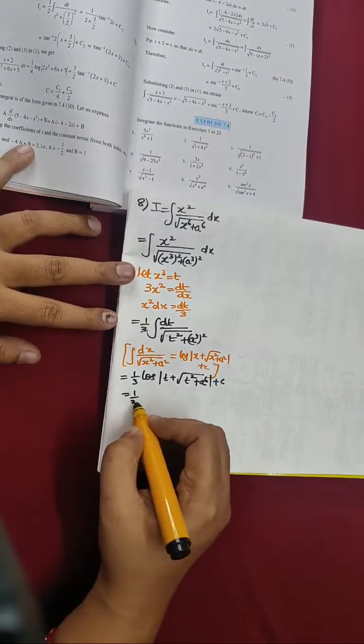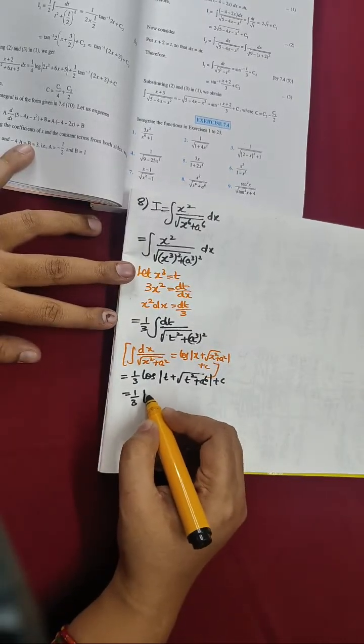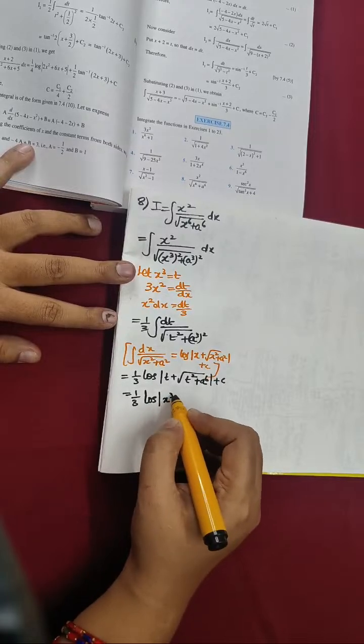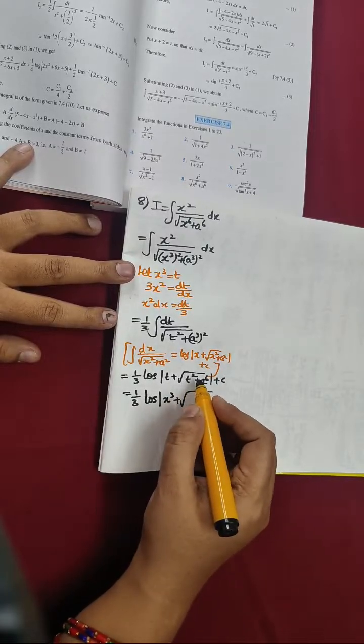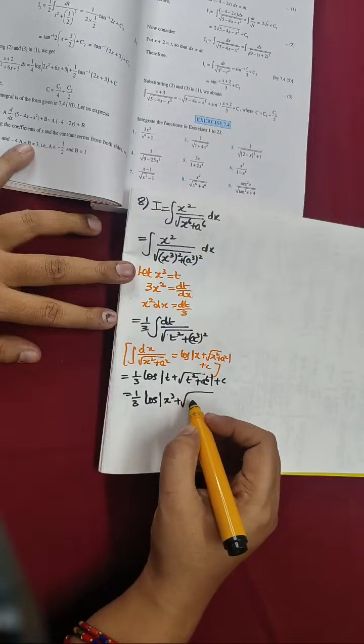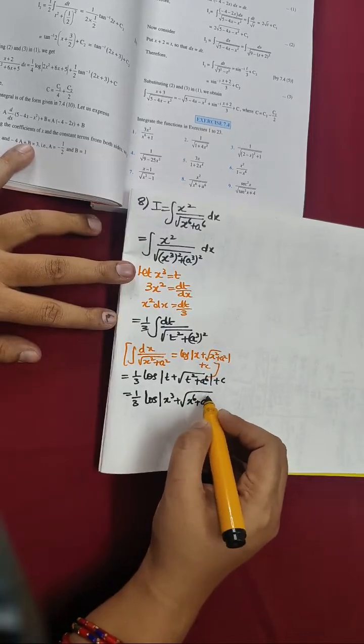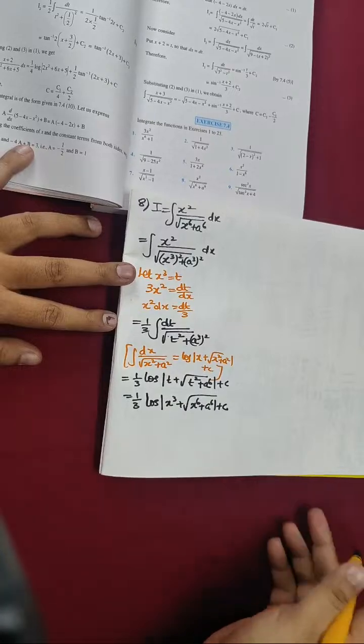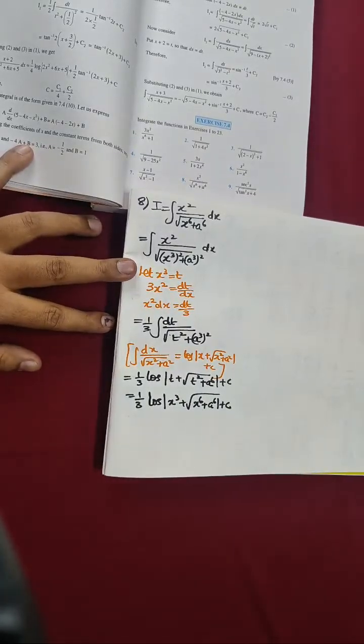And now replacing t in terms of x, it is 1 by 3 log of x cube plus root of x cube the whole power 2, which will be x power 6 plus a power 6, plus c. This is the required answer.